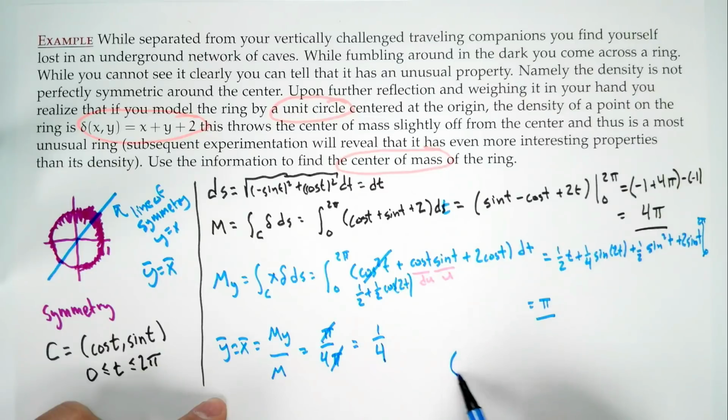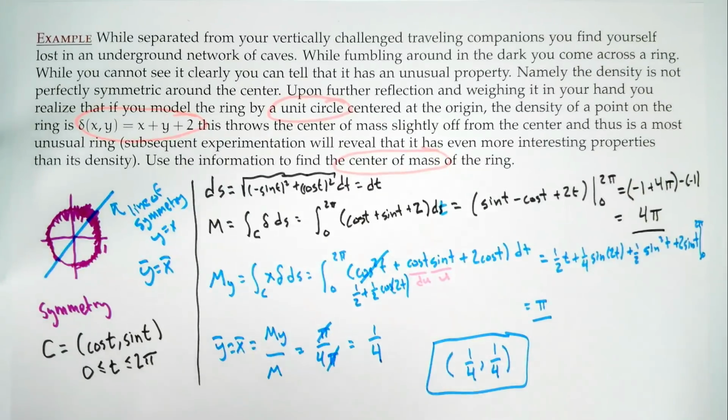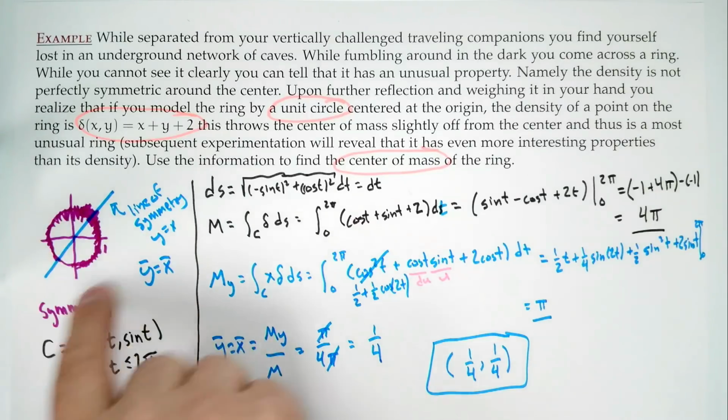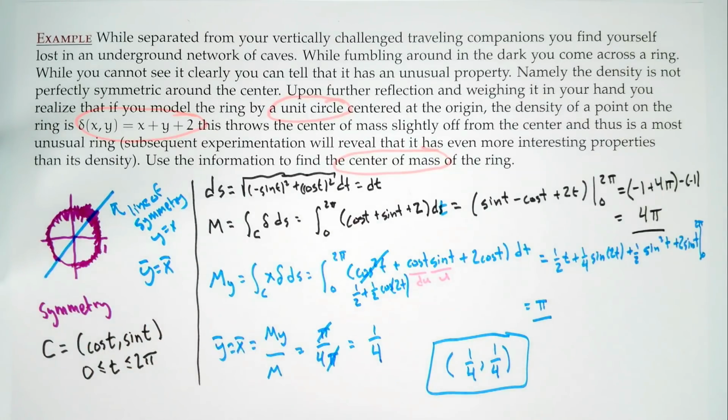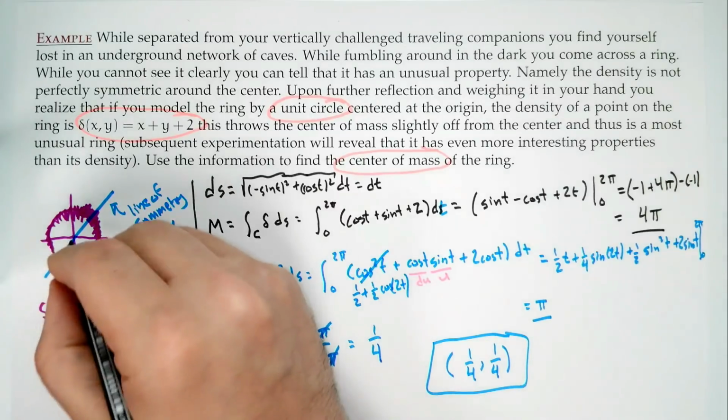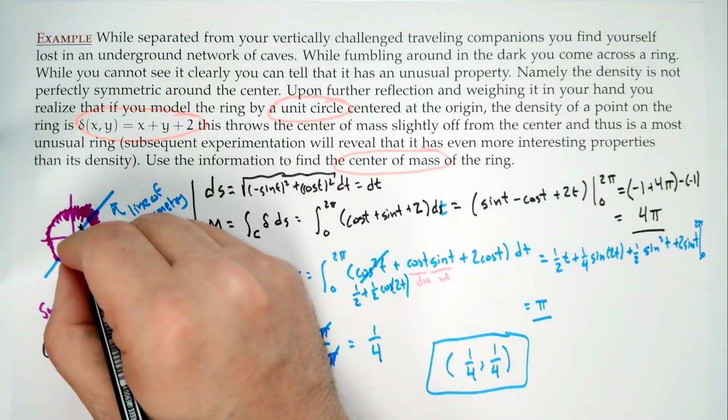So our center of mass should be 1/4, 1/4. Now, as always, does this make sense? Well, if we have a ring, one thing should be true. The center of mass should be inside the ring. So that's definitely 1/4, 1/4. If we mark it somewhere right around here.